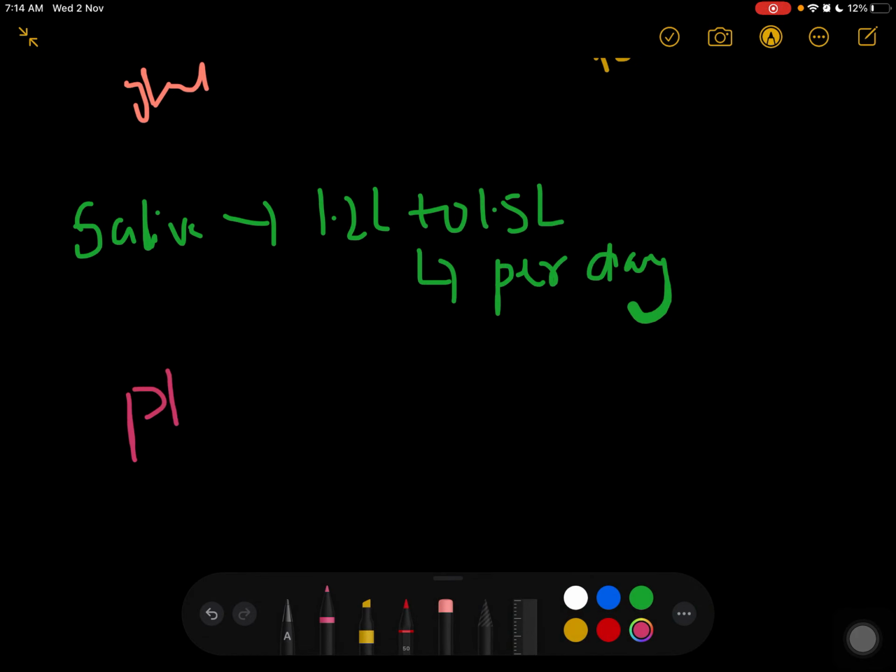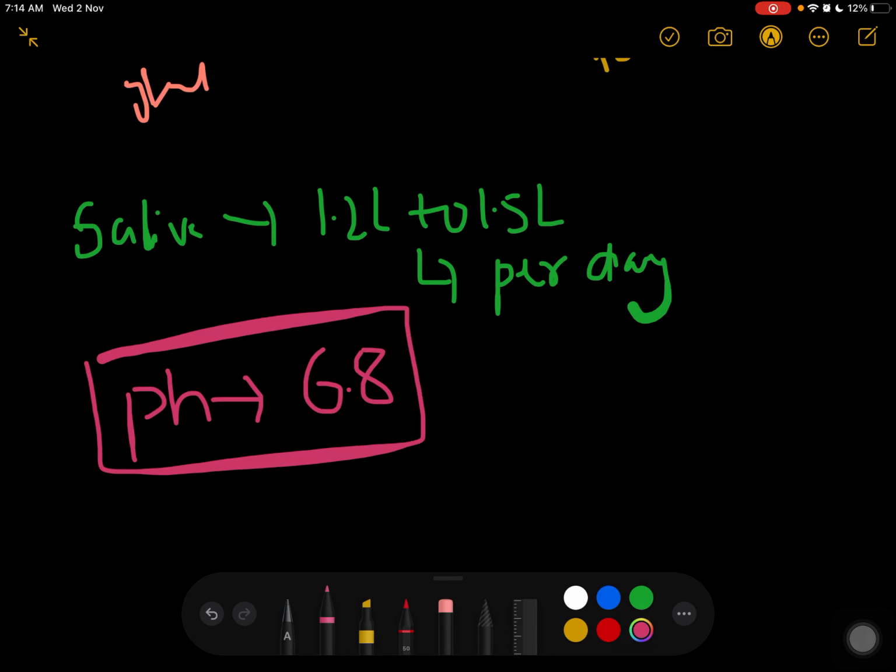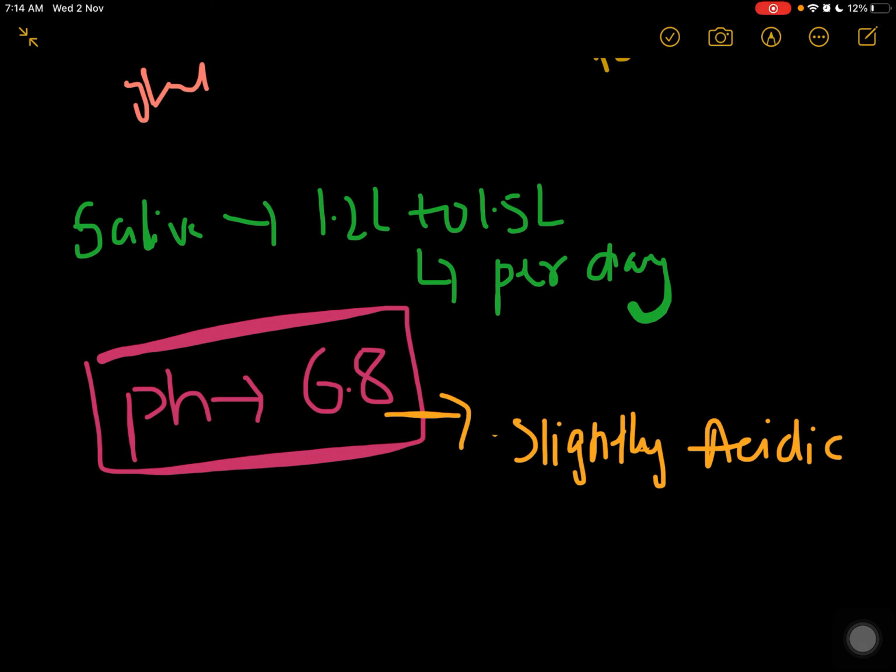And now let's discuss the pH. What is the pH of saliva? The pH of saliva is 6.8, and it is slightly acidic.